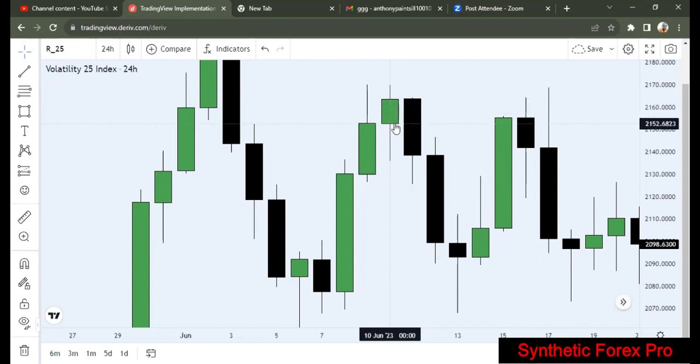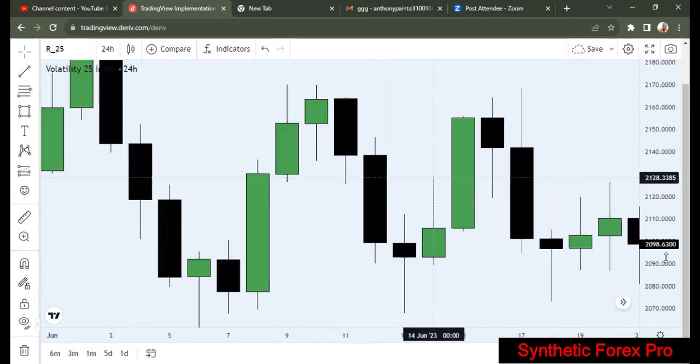As I told you, bullish candles always open at the bottom and close at the top. Where it has the body, it opens here, closes here. Now the wick shows us where the high will be. So the top of it is the high, and this will be the low. So this candle and this candle, you could see that they're almost matching at the same level, but the reality is that one of them is higher than the other.